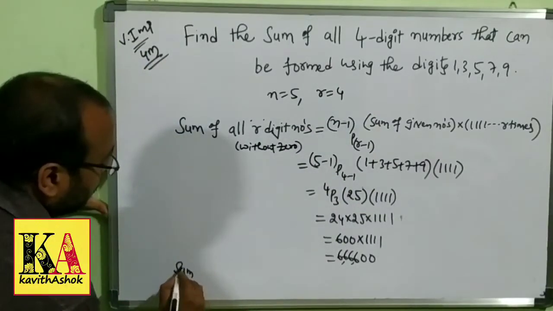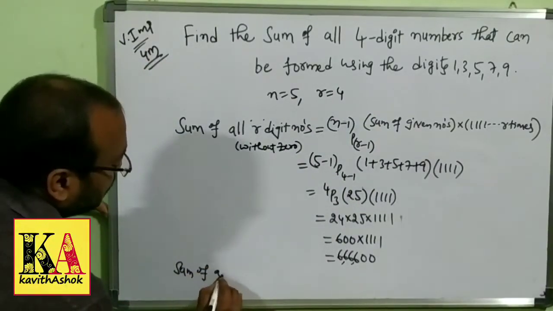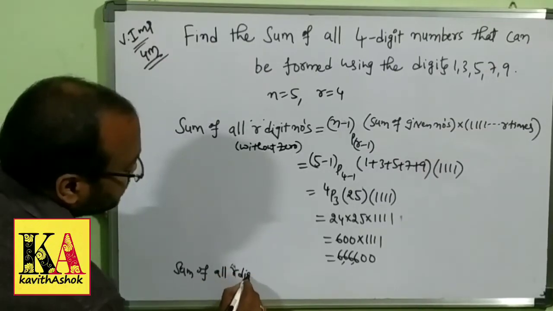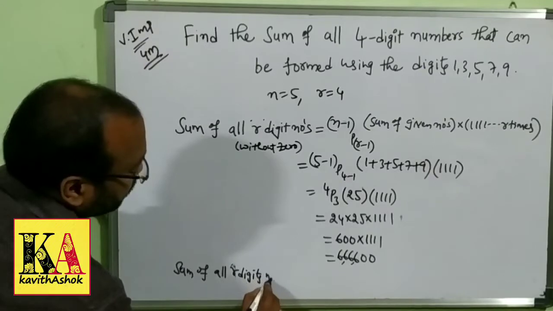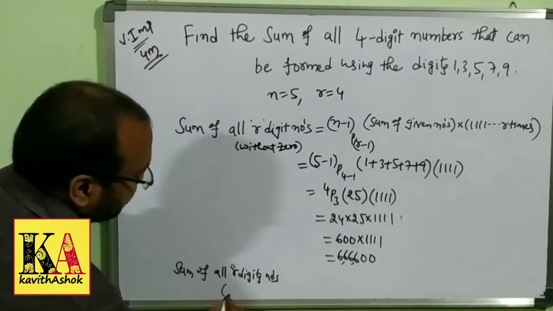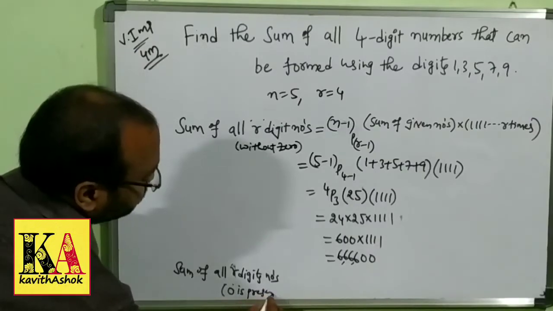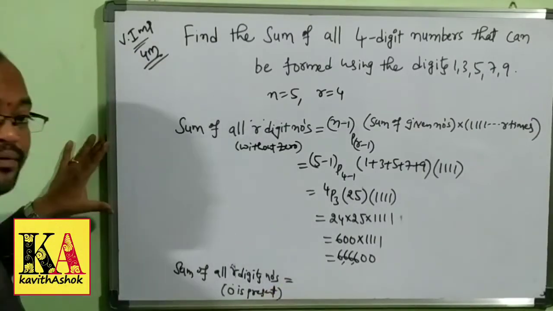Sum of all r digit numbers, and 0 is present. Then the formula becomes like this.